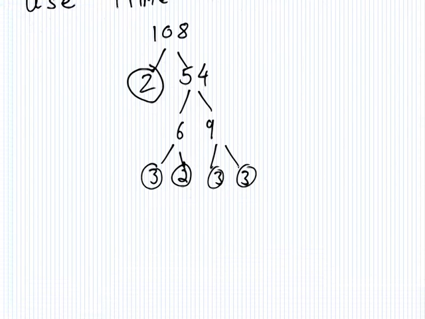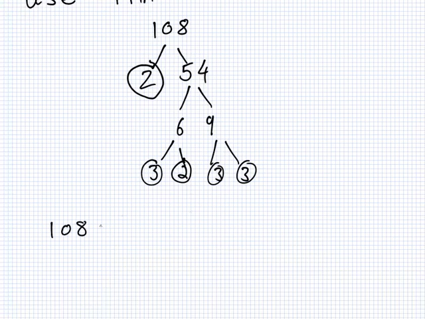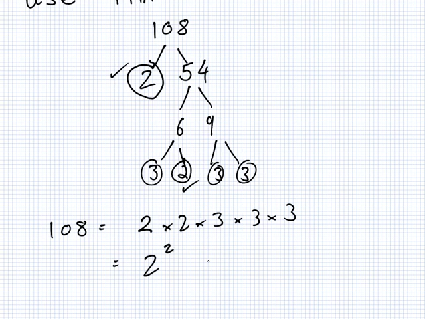So what you have now is 108 equals 2 times 2 times 3 times 3 times 3. I like to pair them. So 2 and 2 is 2 squared, 3 and 3 is 3 squared, and this 3 by itself is just a 3.